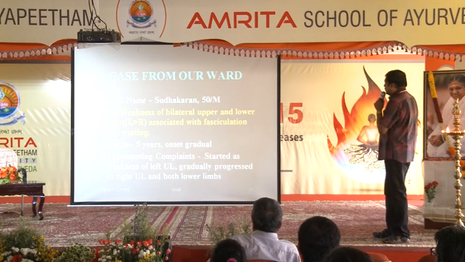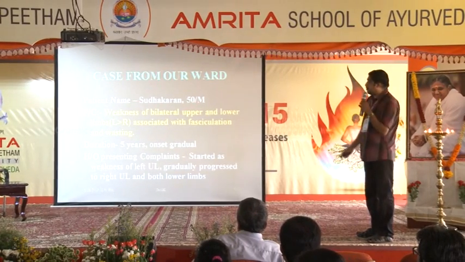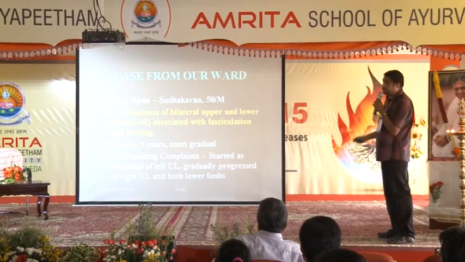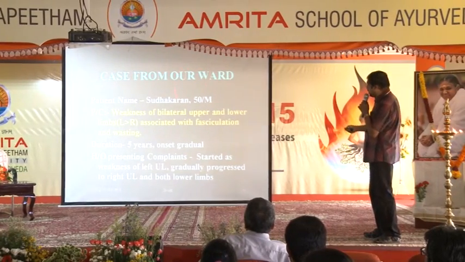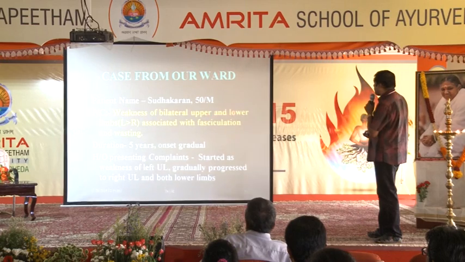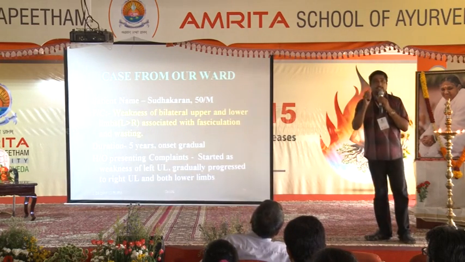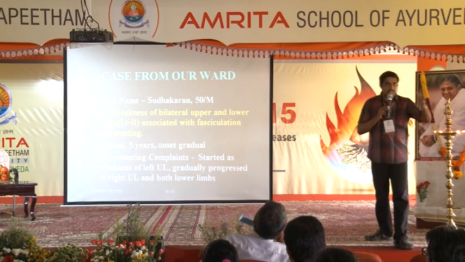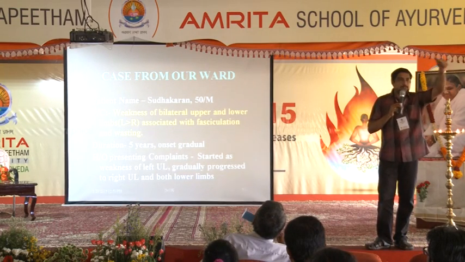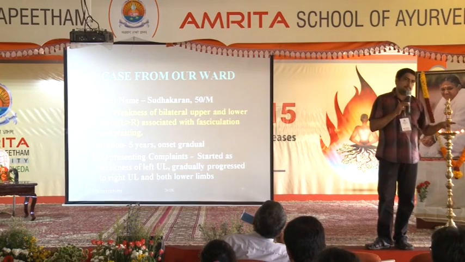Next. Case from our ward, a patient named Sudhakaran, 50. The patient was from our ward, meaning my hospital in Kannur. Weakness of bilateral upper and lower limbs associated with fasciculation and wasting. Whenever you are getting fasciculation, spuranam, where spuranam is mentioned in Ayurveda, Vata Vyadhi.